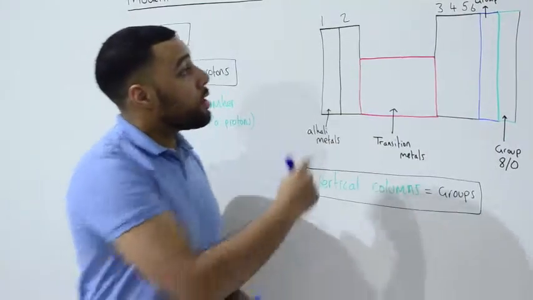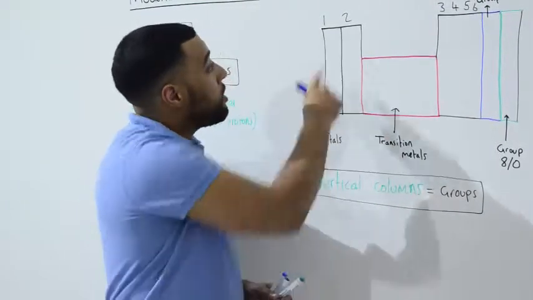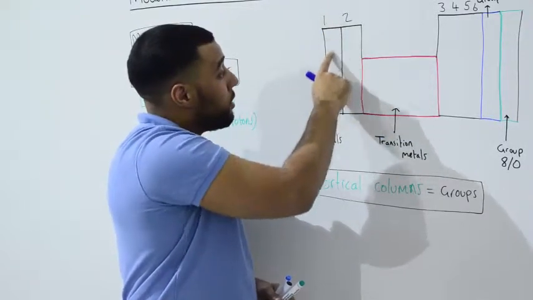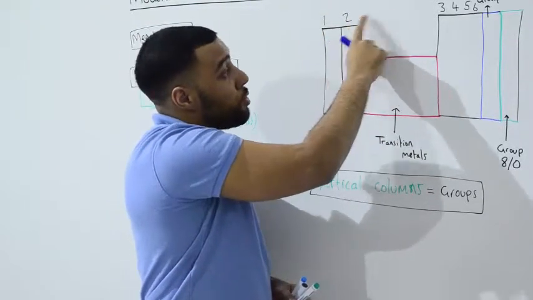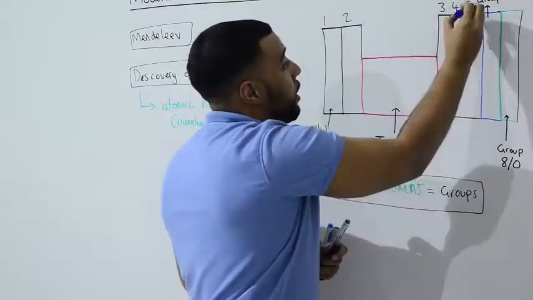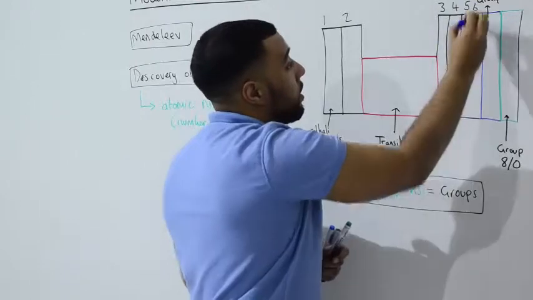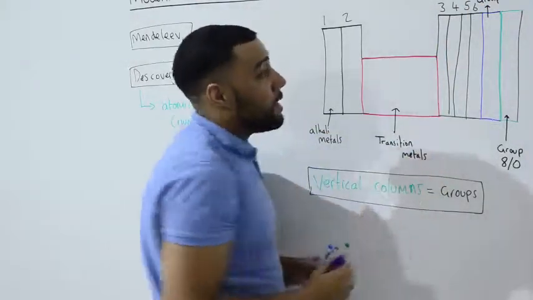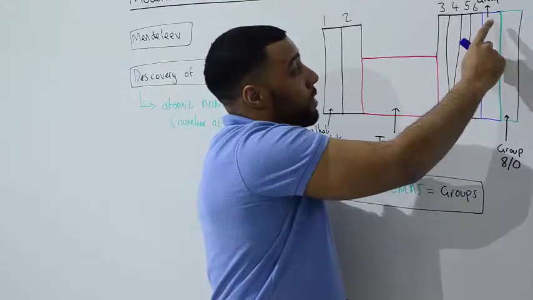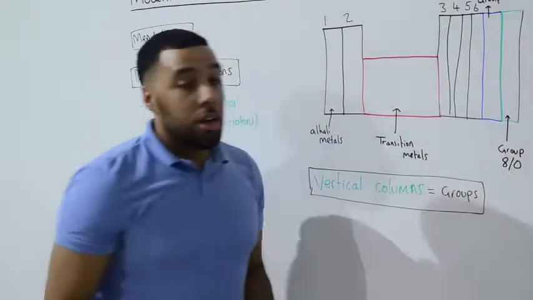And if we look at the periodic table, you can see that we have a numbered group 1, group 2, group 3, a group 4, 5, and 6. And we also have a group 7 and a group 8.